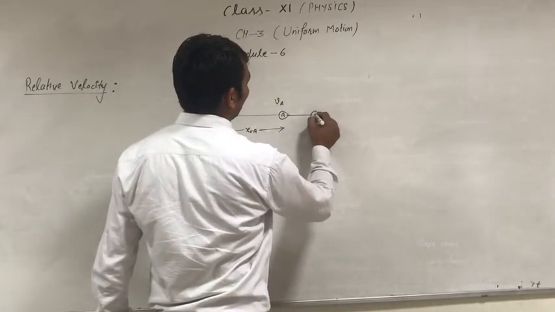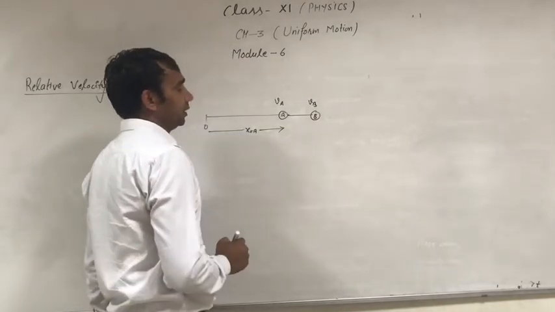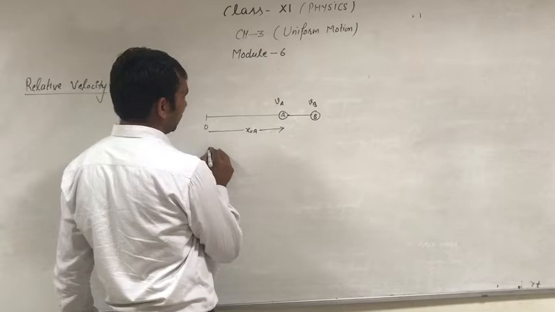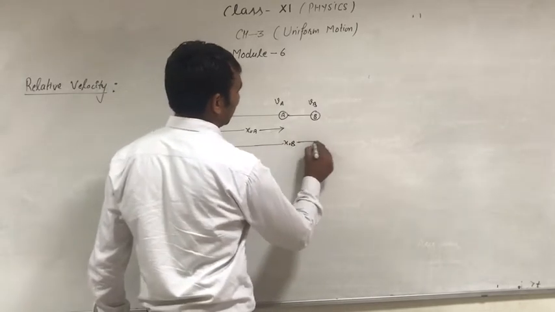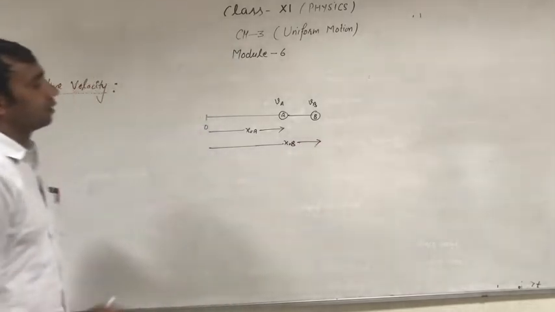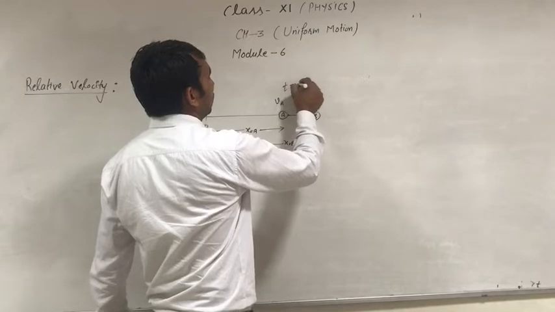This is object B, and V be the velocity of object B, with displacement x0B. This is the point of observation at t equal to 0 seconds.